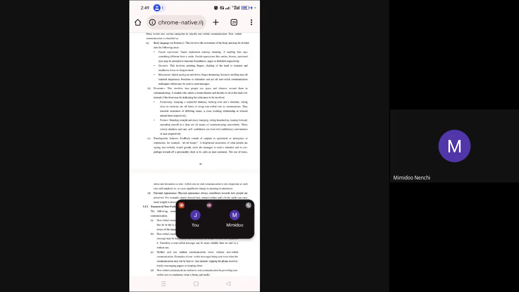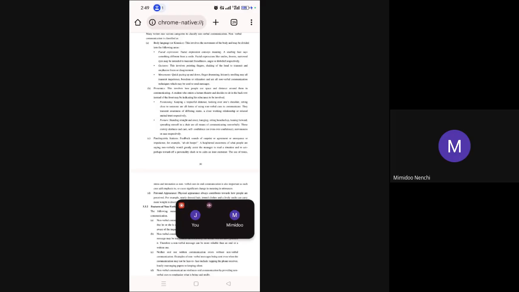So when you stand straight and erect, or when you sit leaning forward and so on, they are transmitting a message. Are we together?